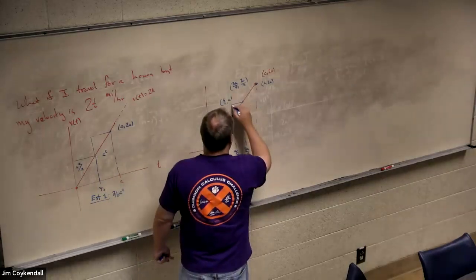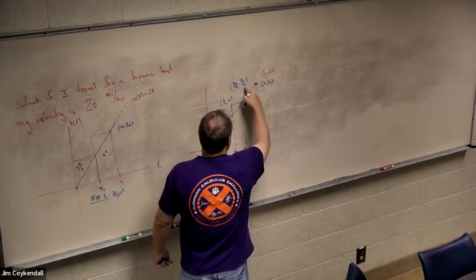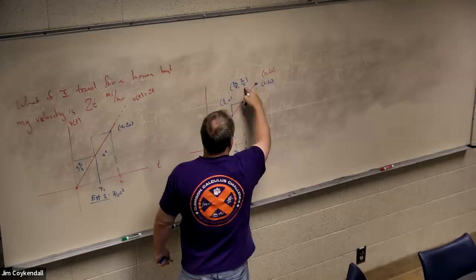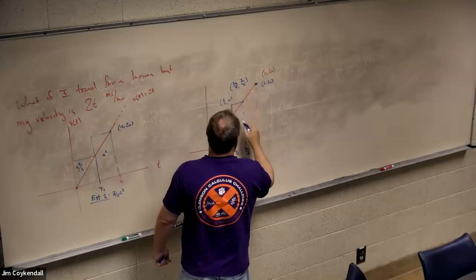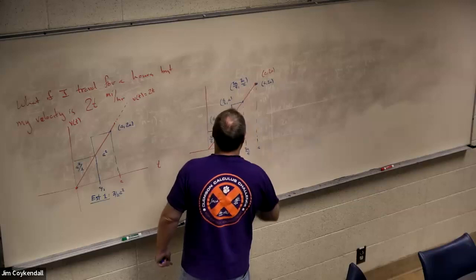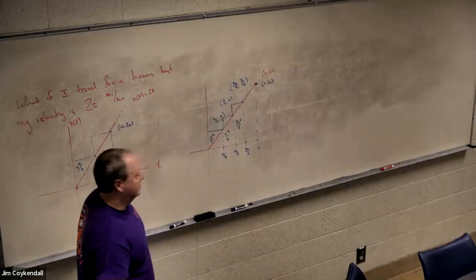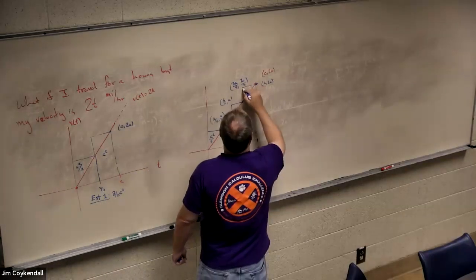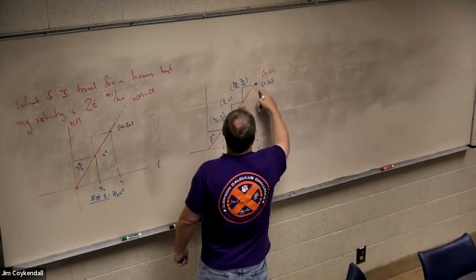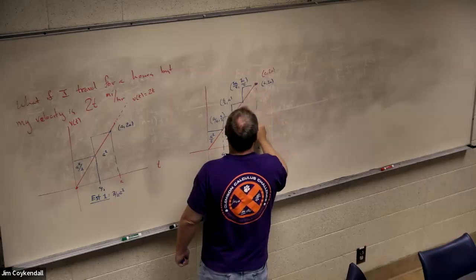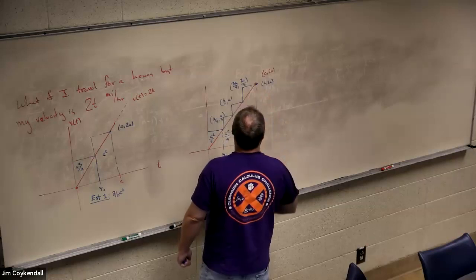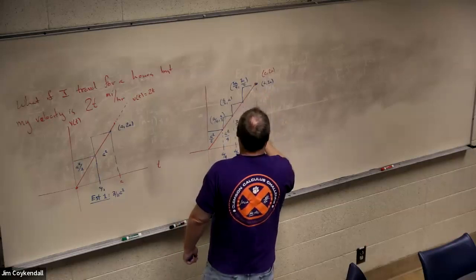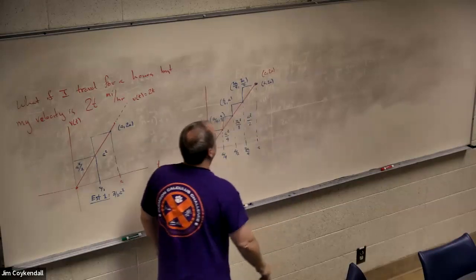Here, my speed is now measured at 3A over 2, and again times A over 4, so I'm going to get 3A squared over 8. And finally, my measured speed here at the very end is 2A, times A over 4, so I get A squared over 2.